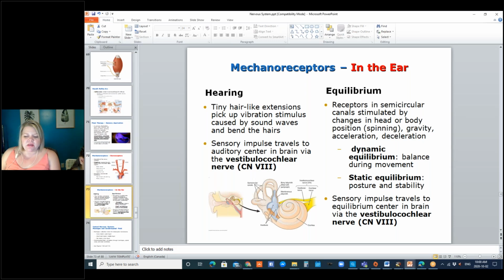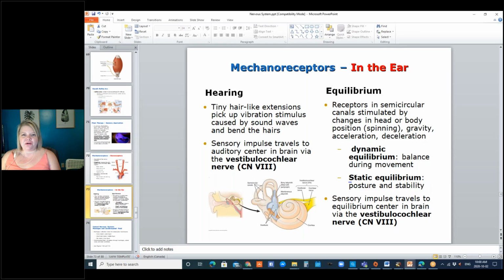You have dynamic equilibrium and static equilibrium. Dynamic equilibrium is defined as balance during movement. So while you're on a roller coaster and you're going upside down, you can perceive that you're upside down, or that you're moving and everything's balanced so you don't trip and fall over.